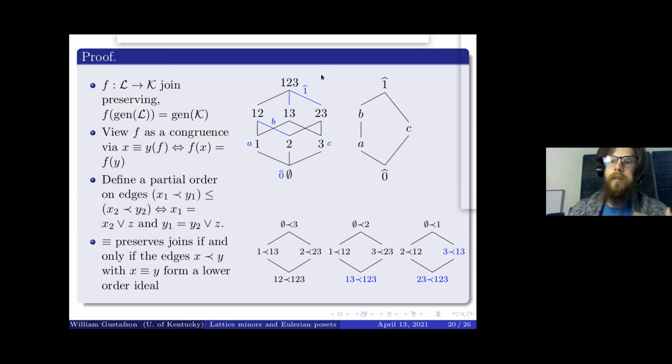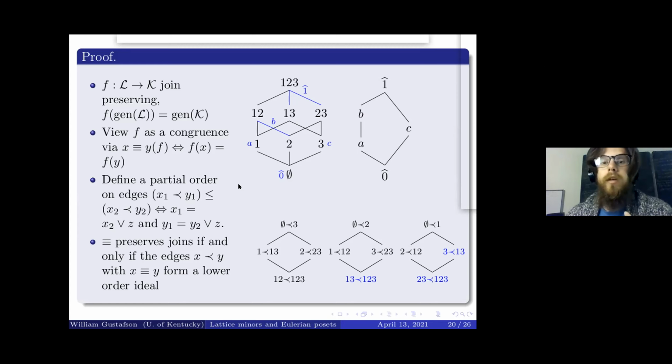Okay, and then the idea is that we're going to build up the lattice that we want to get to over here. Or let me say, we want to build up this congruence on a lattice sort of one edge at a time. So by first identifying these 2, and then these 2, like that. But as we do that, we have to be careful in what order we add the edges. Like if we start by identifying these 2, this won't preserve joins.